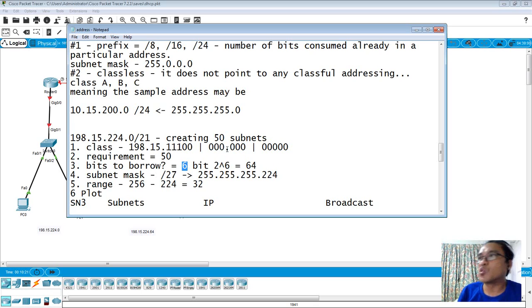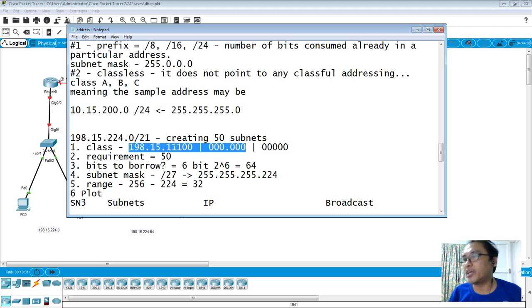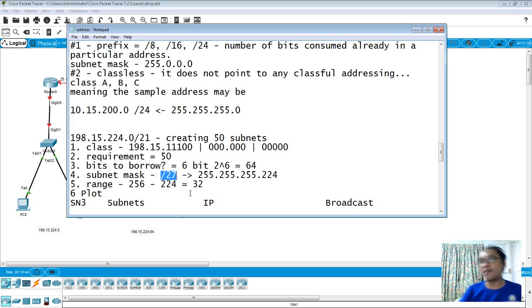Okay, since we already have the borrowed bits, and we can identify what would be our bits consumed in that particular address, we have to count them all. In this instance, since we have already 21, and then we consume 6 bits, therefore we have a /27 network.